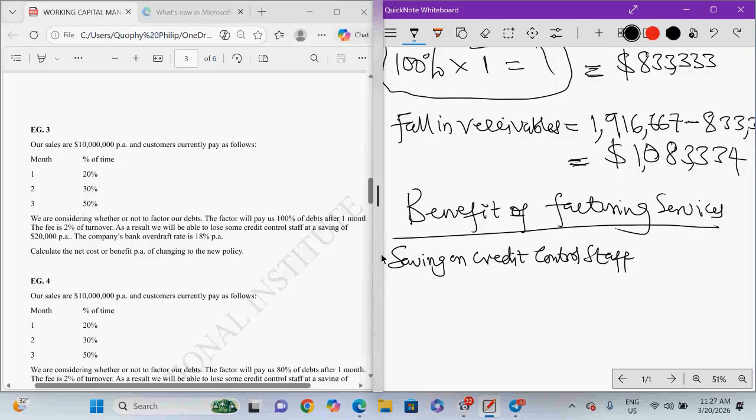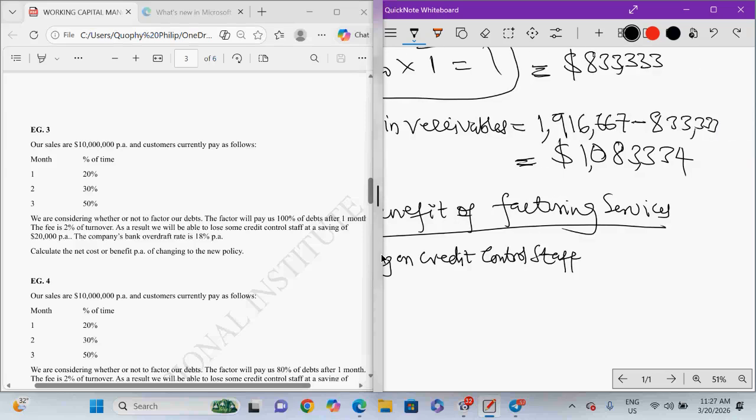Because once we hire a factor, there is no work for the credit control staff, right? So that will be credit control staff wages. That is 20,000.